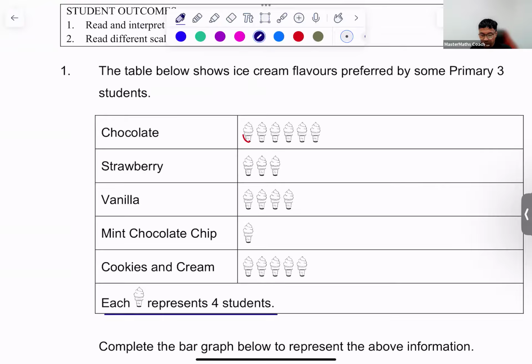So let's start off and look here. Chocolate has 6 ice cream cones. So we can take 6 times 4, and this gives us 24.